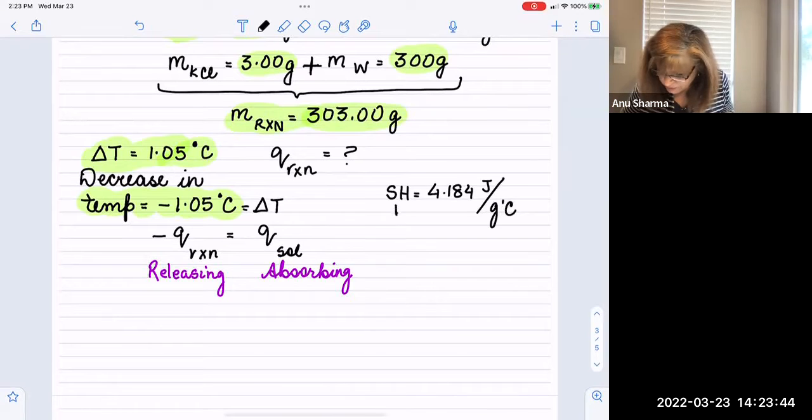Okay, so that is for water. And we are going to use this specific heat.